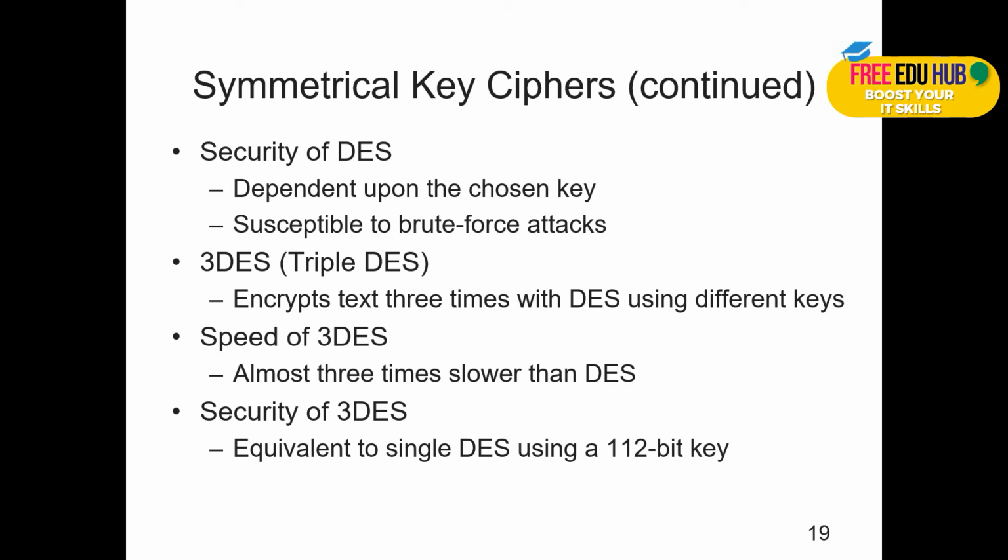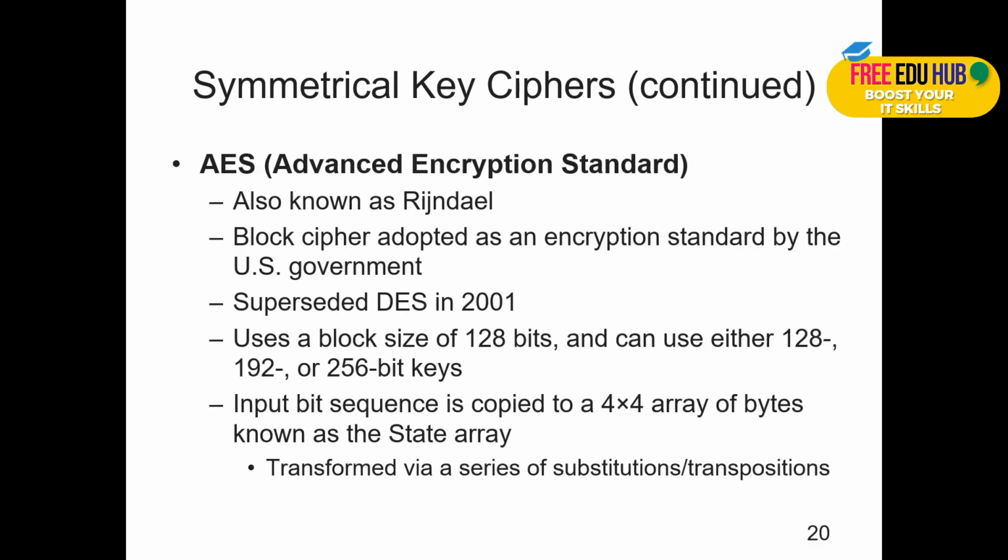Triple DES encrypts the text three times using DES in different modes. As mentioned earlier, it is almost three times slower than DES, and the security of Triple DES is equivalent to single DES with 112-bit keys. The Advanced Encryption Standard is also known as Rijndael.